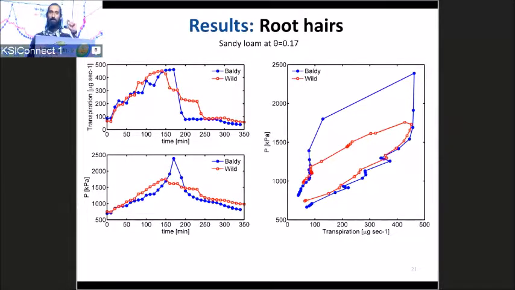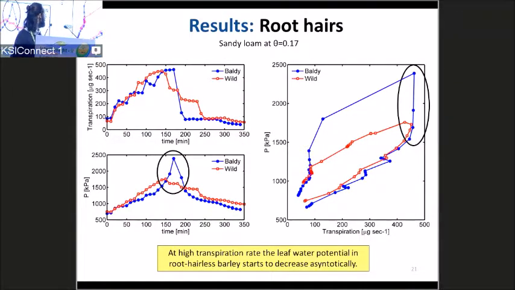Interestingly, even if transpiration is reduced, so even when stomata close, this 1 megapascal that you lost, you don't recover it that rapidly. So if the soil fails, you're going to pay for it for 1-2 hours during the day. So basically, that's all that I wanted to show you about the results.